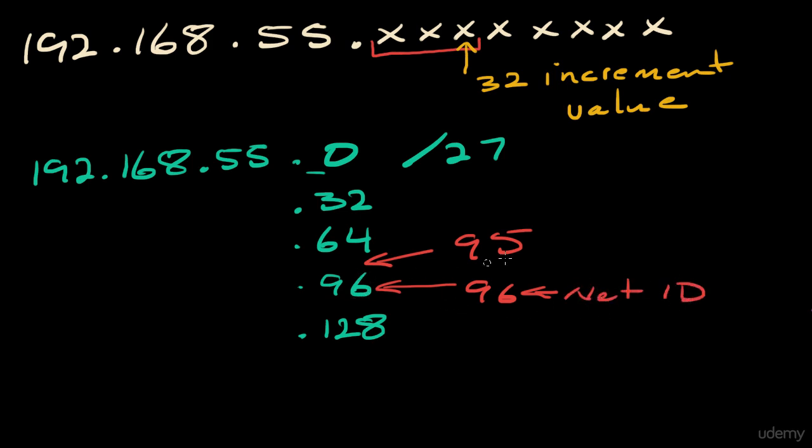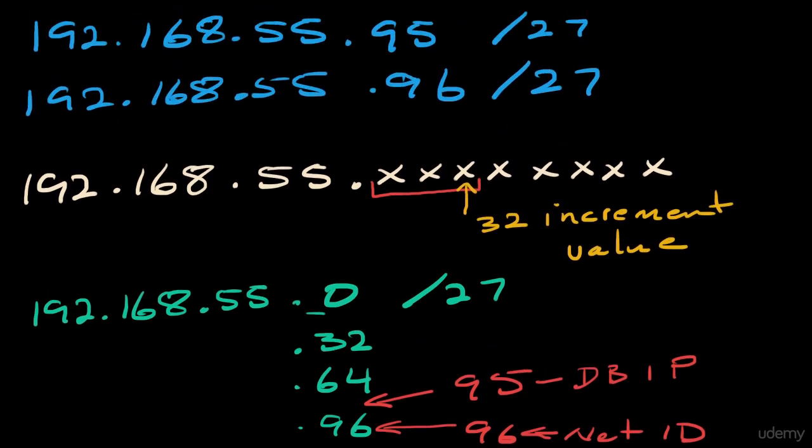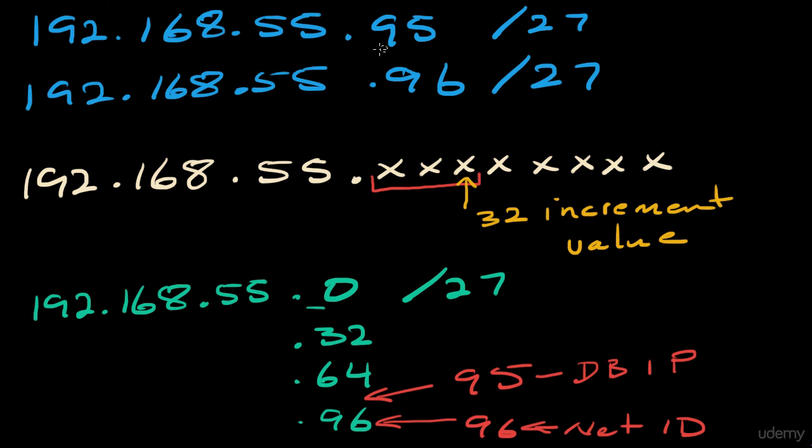If we went back 1, we get 95. That therefore means that 95 is a directed broadcast IP for the 64 network. Therefore, to summarize, 95 is a directed broadcast IP, 96 is a network ID.